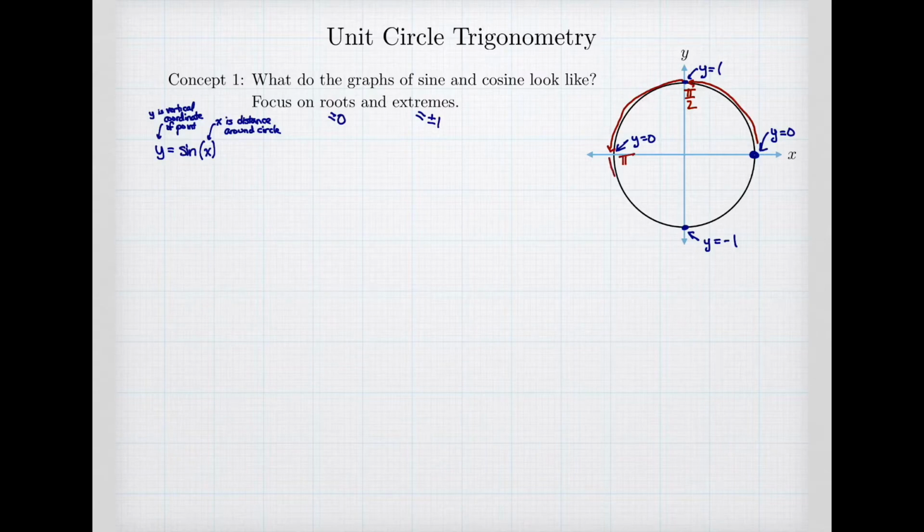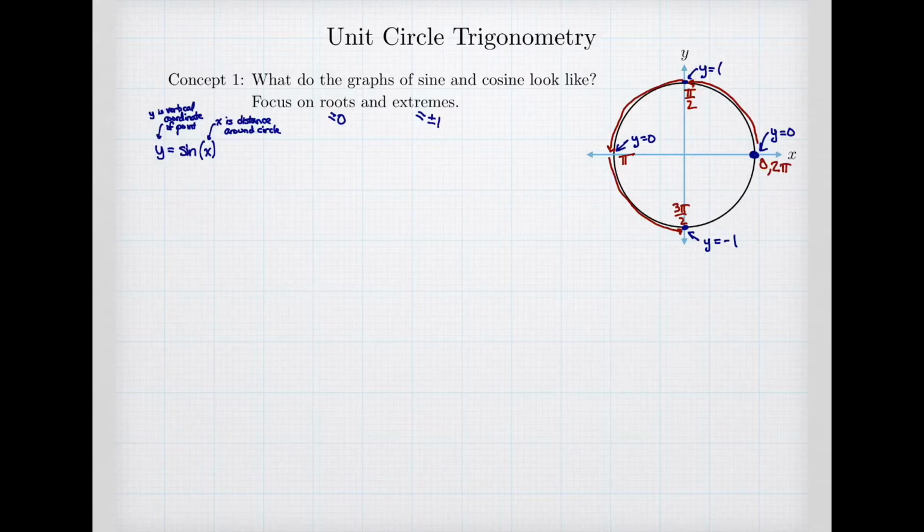I keep adding half of a pi, so I've got 1/2 pi, 2/2 pi, at the bottom I'm at 3/2 pi, I'm at 4/2 pi, that's 2 pi, so this is actually 0 and 2 pi.